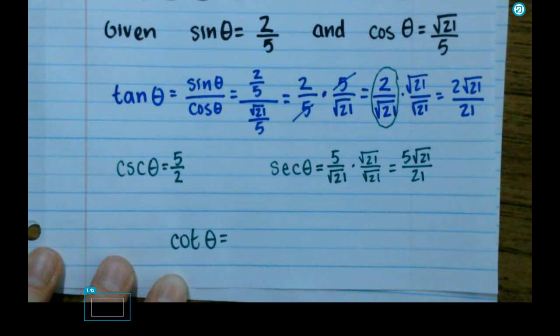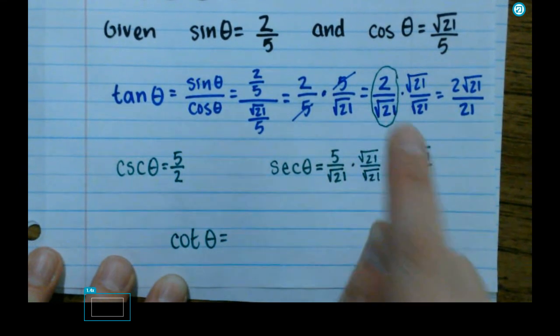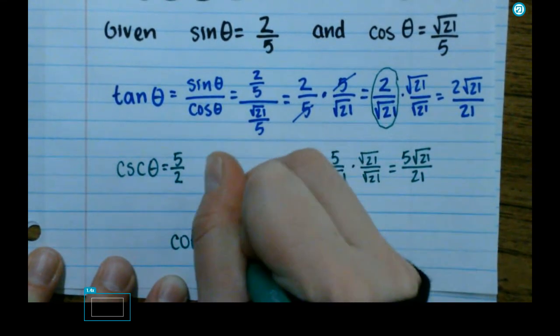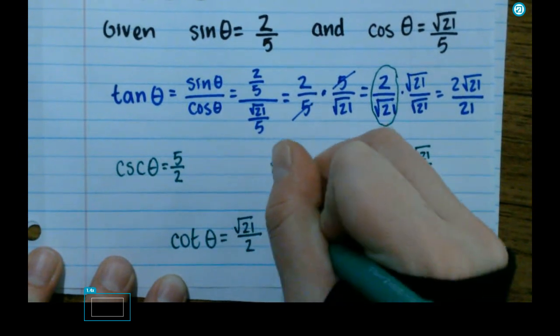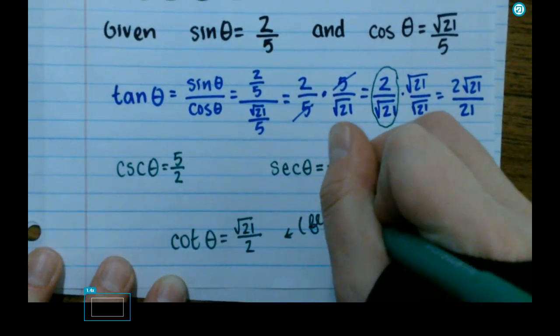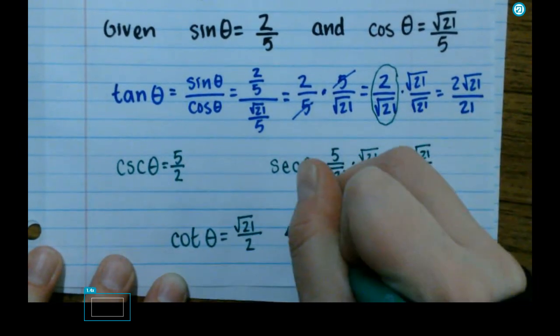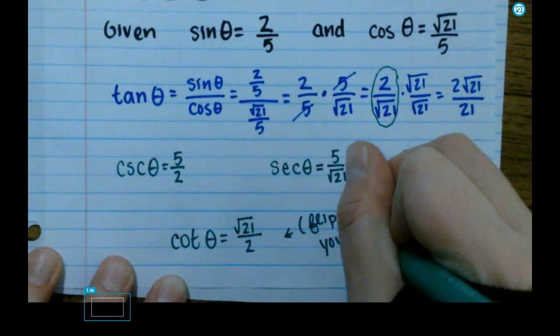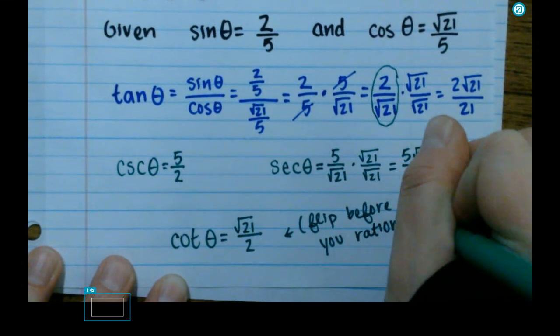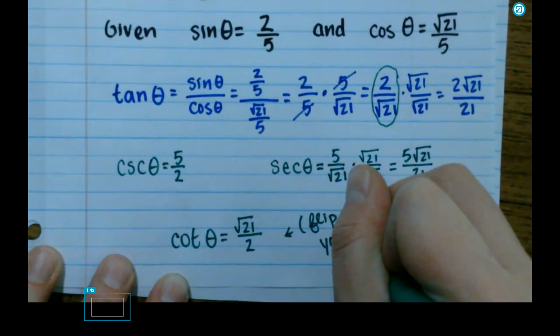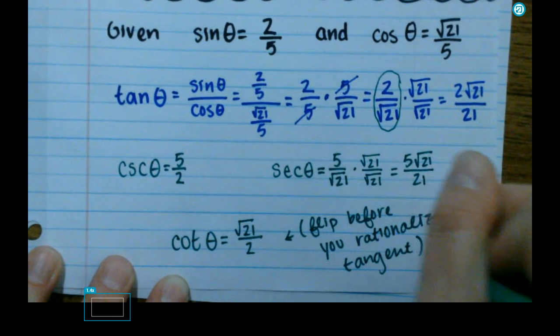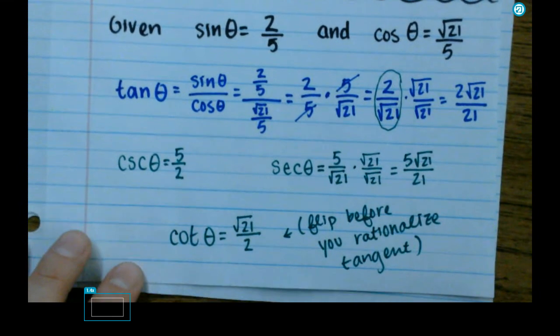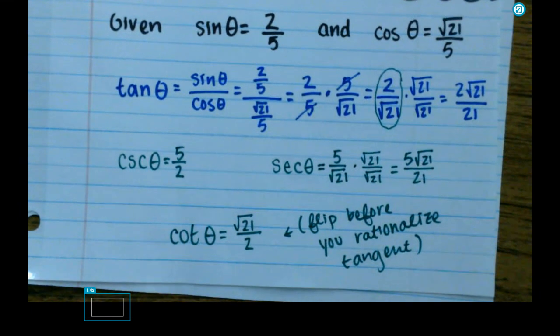You have to undo your rationalization. So flip this guy, square root of 21 over 2. Flip before you rationalize tangent. So that's from before we rationalize the denominator of tangent.